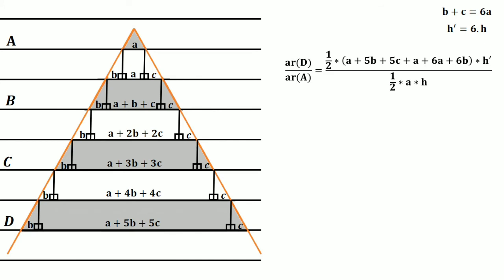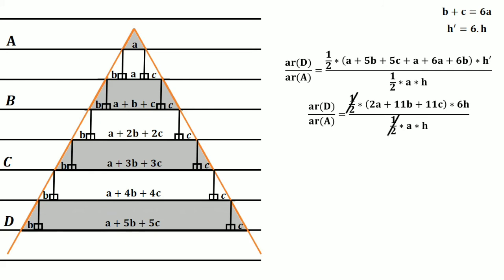Region A is a triangle, and the area of a triangle is 1/2 times base times altitude, where the altitude is h. After substitution we get 1/2 times (2a plus 11b plus 11c) times 6h, divided by 1/2 times a times h.